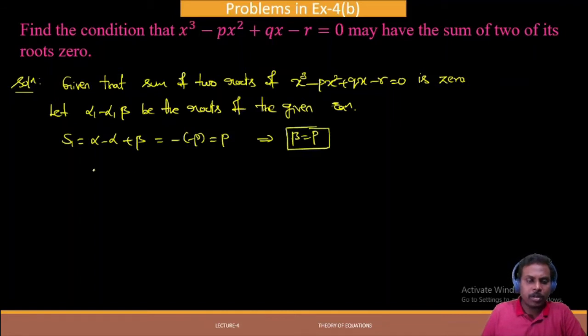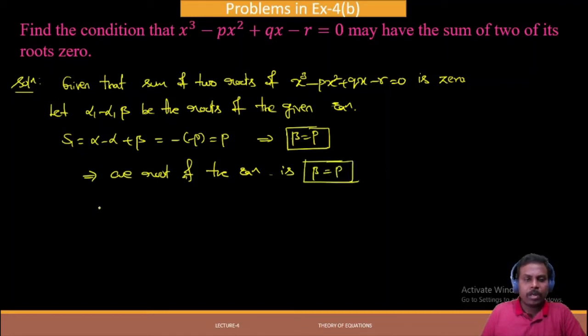So one root of the equation is beta is equal to p. To get the condition, since beta is equal to p is a root, it must satisfy the given equation.